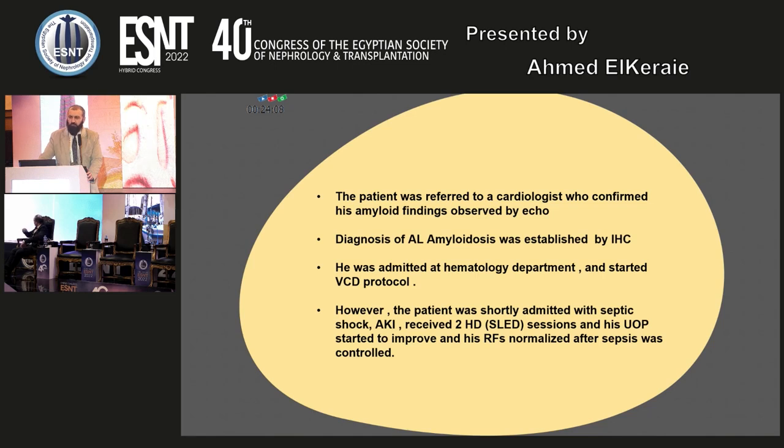The diagnosis of AL amyloidosis was established by immunohistochemistry showing AL deposits in the kidney tissue, and he was admitted to the hematology department. He started a VCD protocol and shortly passed into septic shock, but he recovered and is now waiting for further management.